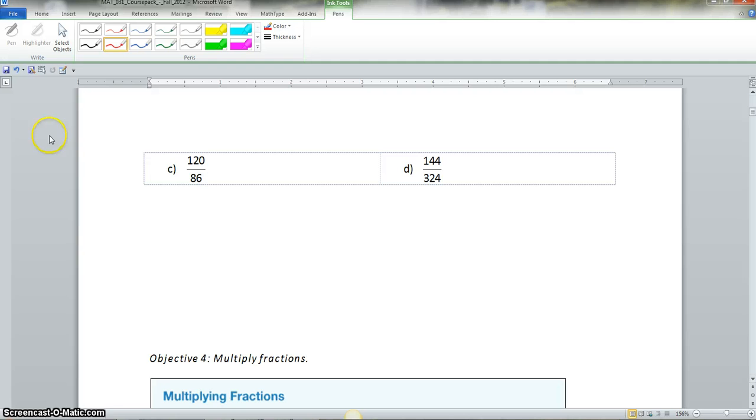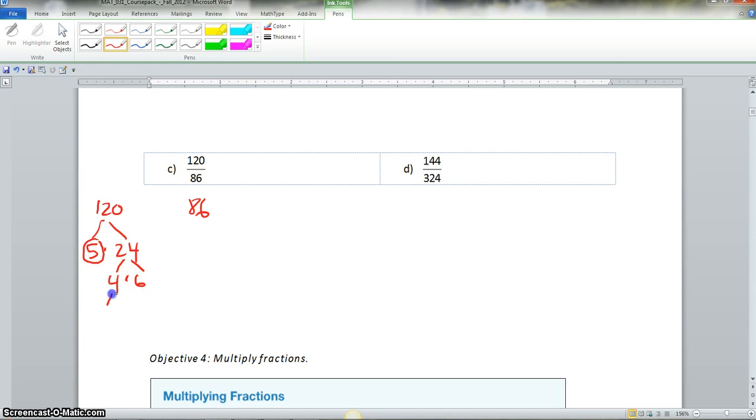Now C, we need to take the prime factorization of 120 and the prime factorization of 86. Now 120, 5 times 24 is 120. So 5 is prime. 24 we could break down to 4 times 6.